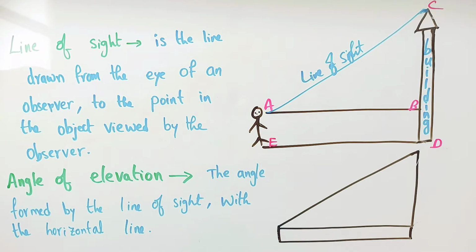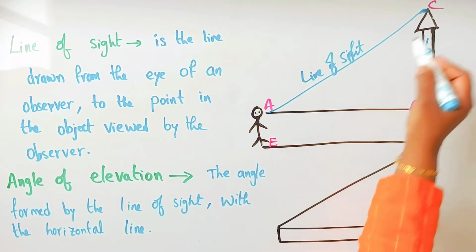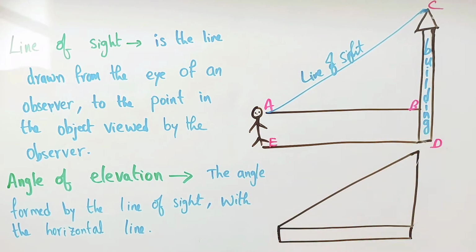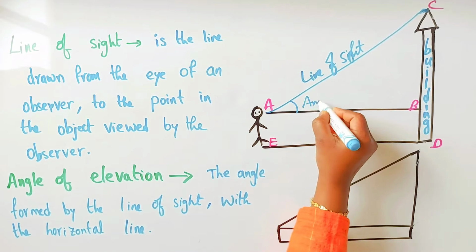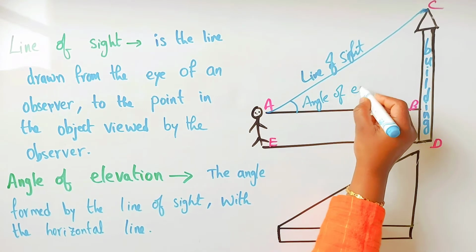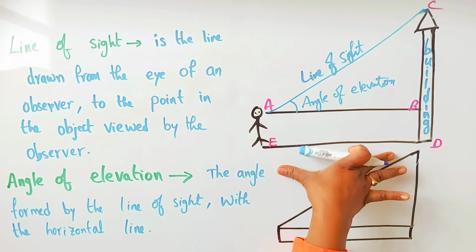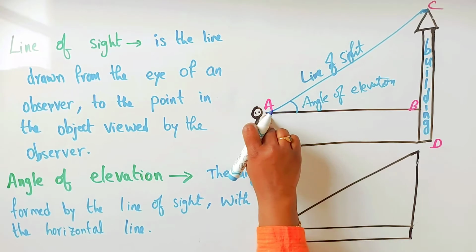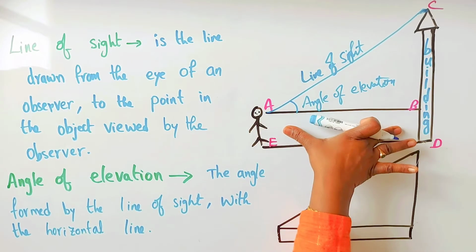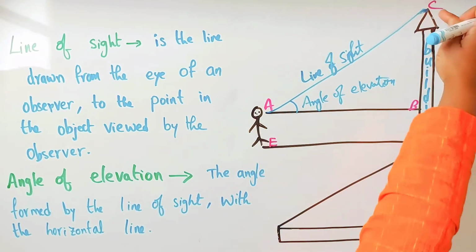Now we will see angle of elevation. Angle of elevation, very simple, children. The angle of elevation is formed by the line of sight with the horizontal line. Correct children? So this will be the angle of elevation. Do not take this line, children, because the person obviously will see from this point only. So take this horizontal line. Line of sight is this one, the person's eyes to the tip of the building.